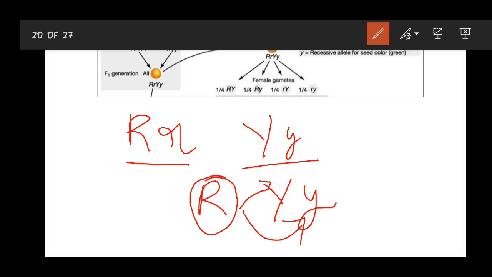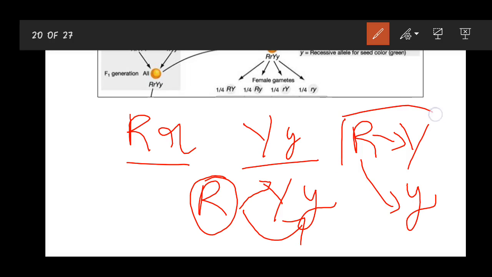This is a dominant allele, capital R, and it has a chance to combine with either a dominant allele or a recessive allele. This combining is entirely a chance. It can either go with capital Y or combine with small y during gamete formation. There is no set rule that the dominant allele should pair only with dominant and should not pair with recessive alleles.